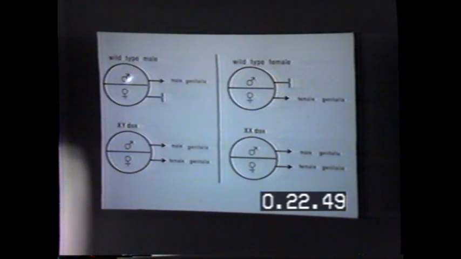In a wild-type male, the male primordium divides and develops and gives rise to male genitalia and the internal ducts, whereas the female primordium doesn't give rise to any structures in the adult; it's repressed. And conversely, in a female, there are again the two primordia, but in this case it's the primordial cells for the female genitalia which develop into the genitalia and internal ducts, and the cells in the male primordium don't develop at all.